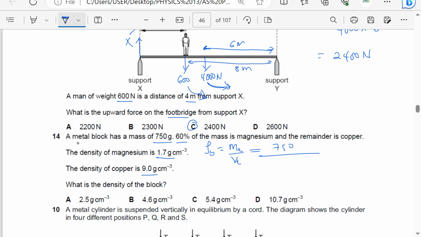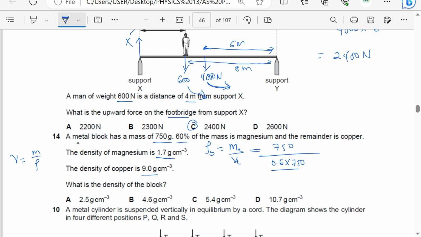So remember, volume is equal to mass over density. So I'm now getting total volume. For magnesium, it is 60% of the mass, that is 0.6 times 750.